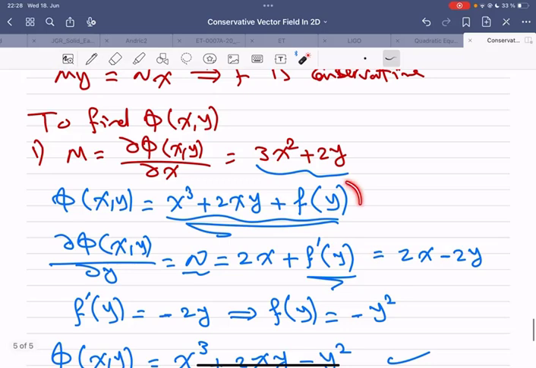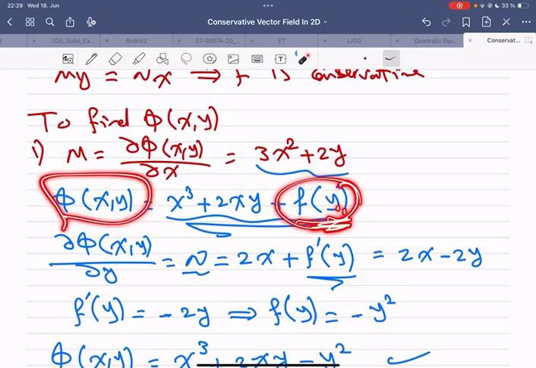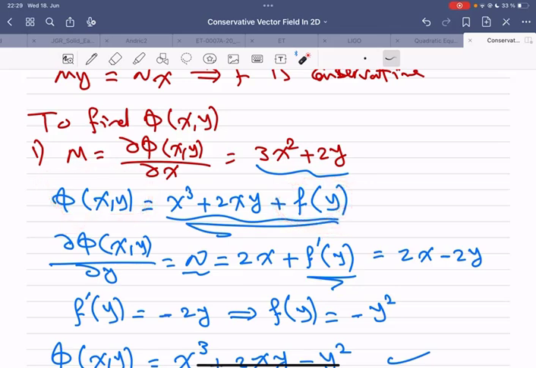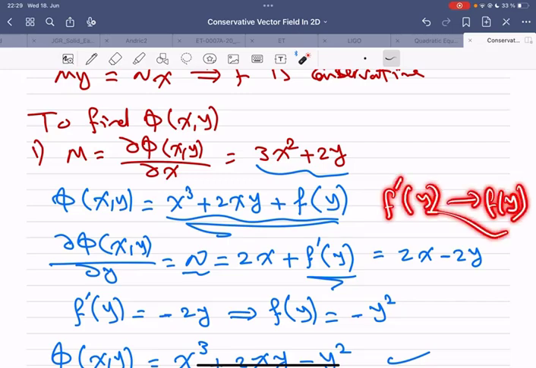Here we put it here because after we put it here, we differentiate this according to y to know what f dash y will be, and then integrate f dash y to get f y, and then substitute.